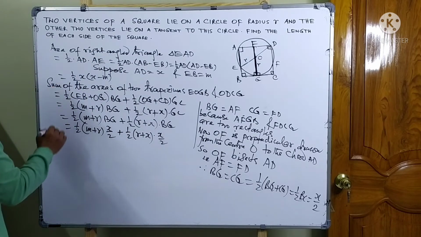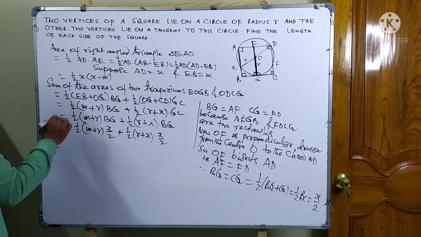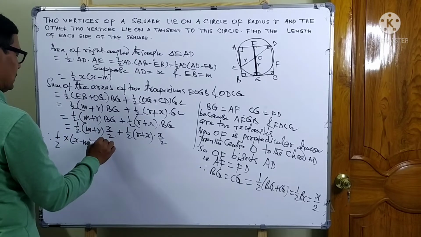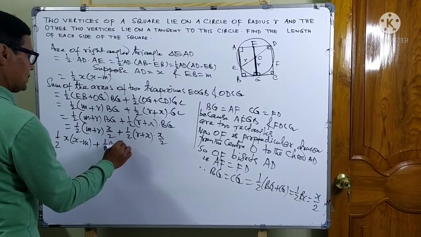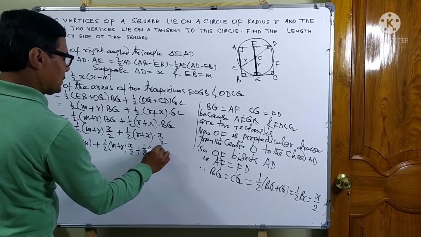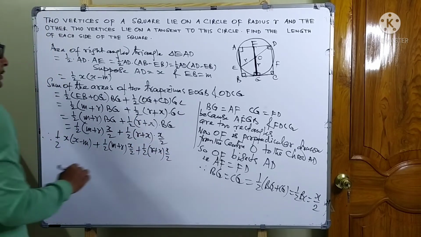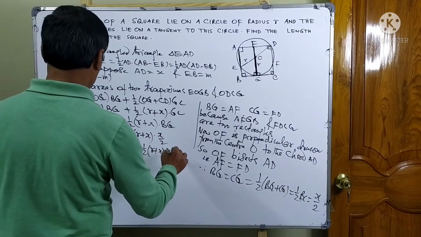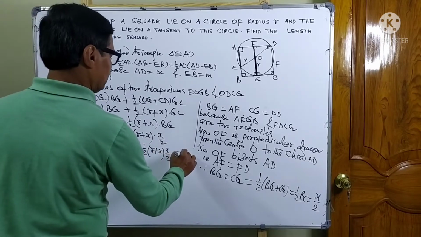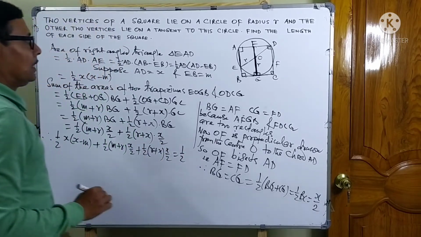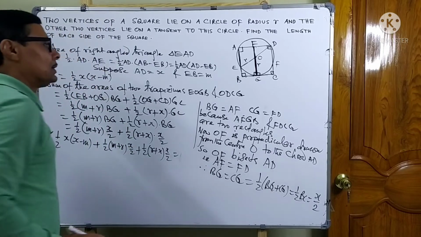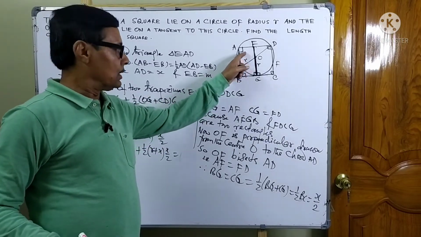So, we can write half x minus m plus half m plus r x over 2 plus half r plus x over 2 is equal to the area of the entire square.